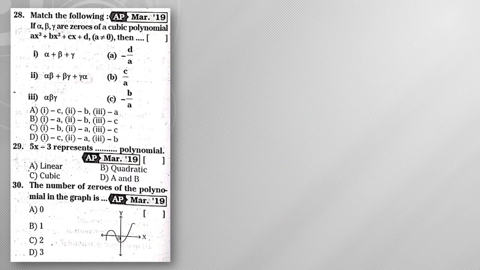Next, moving on to question number 28. Since it is a cubic polynomial ax cube plus bx square plus cx plus d, where a is not equal to 0, this condition is a must. Now he is asking you to match the following. So here alpha plus beta plus gamma is nothing but called the sum of zeros.